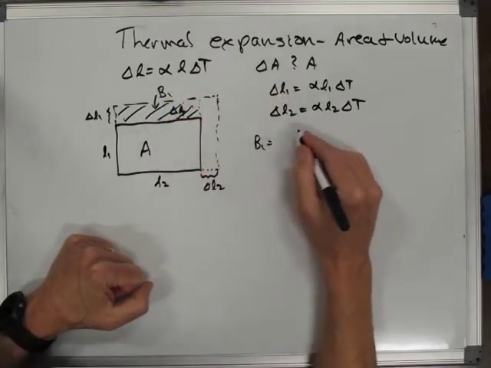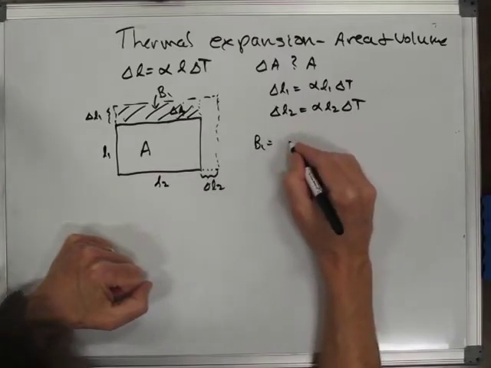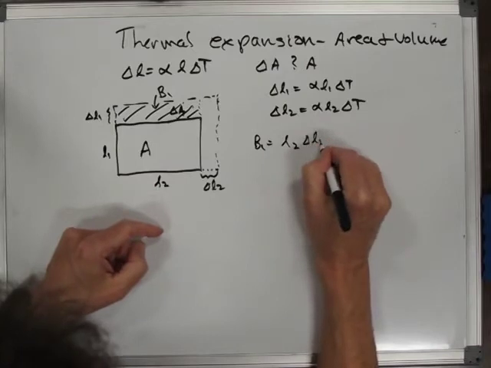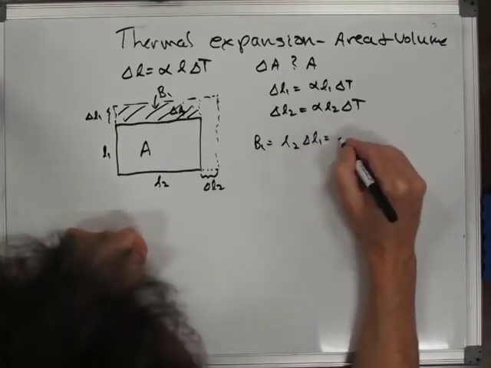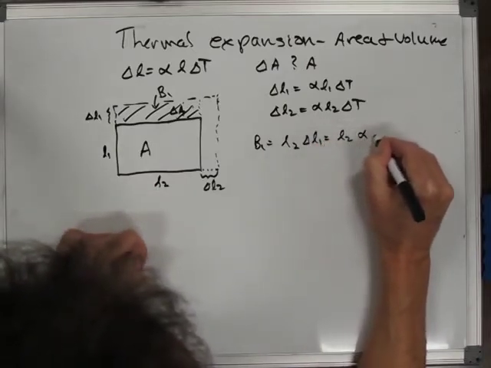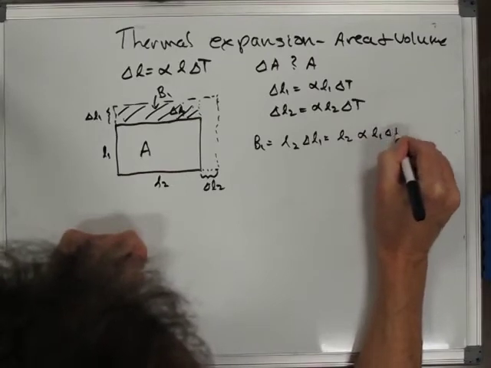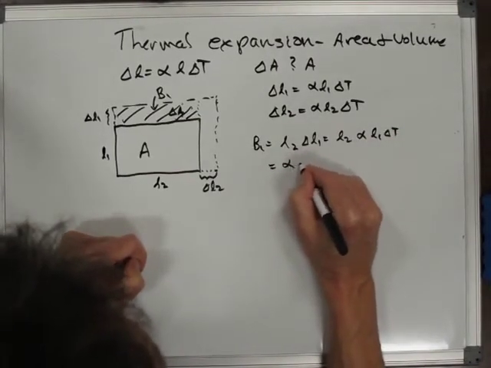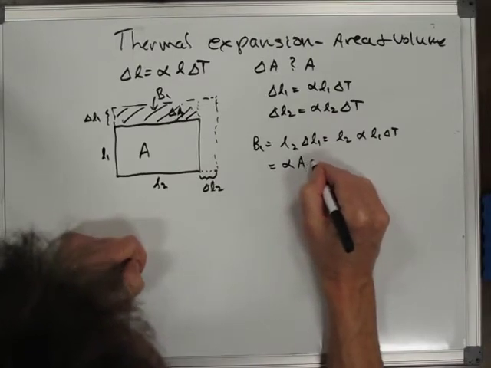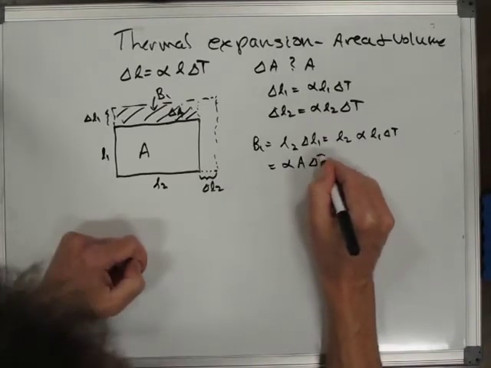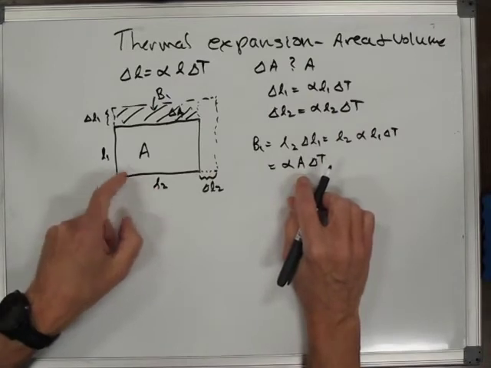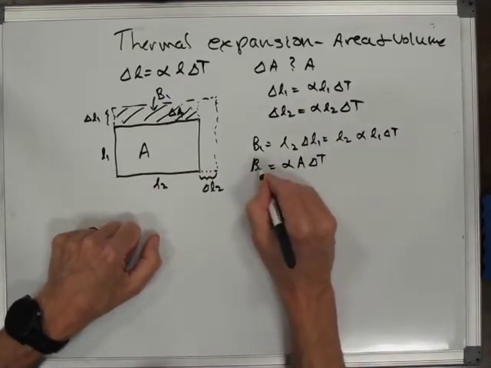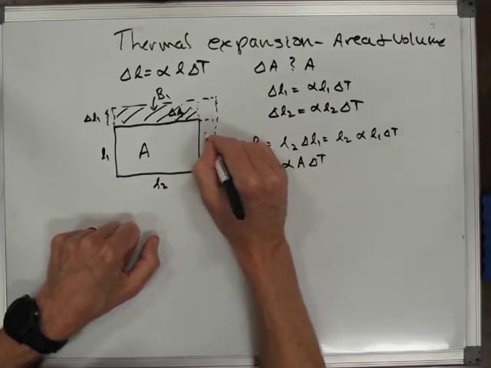B1 is equal to L2 times delta L1, which is equal to L2 times alpha L1 delta T, which is equal to alpha times A times delta T, because L1 times L2 is just the area. This is B1. I'm going to call this B2.